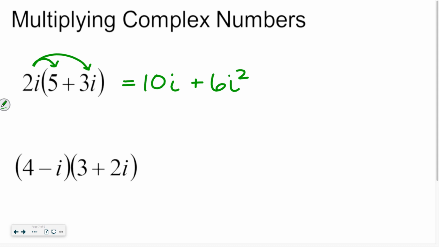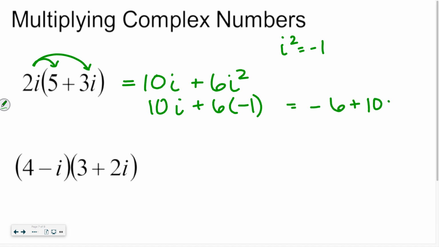What's i squared equal to? Negative 1. i squared equals negative 1. So this is really 10i plus 6 times negative 1. So negative 6 plus 10i. Do you see how that looks like a plus bi, my standard form? Anytime you multiply and get that i squared, it's going to make that number real, but it's going to be the opposite sign of what it was, because it's negative 1.